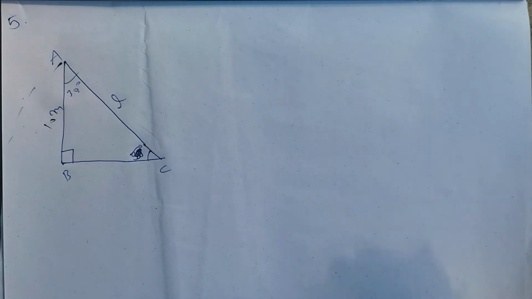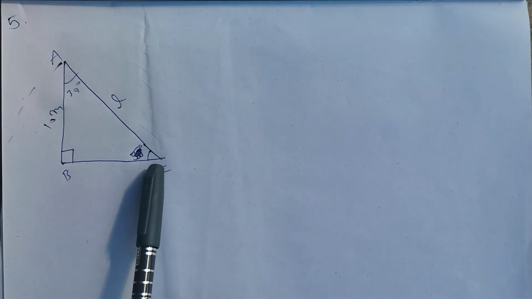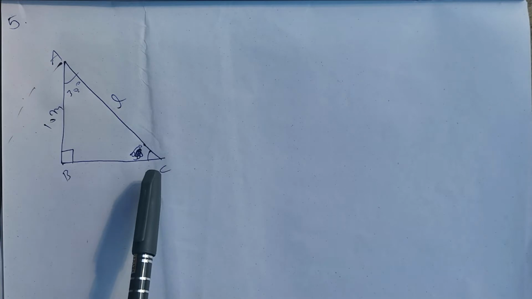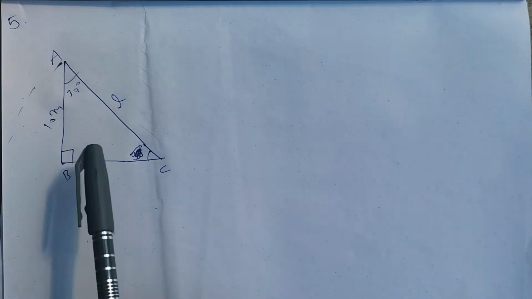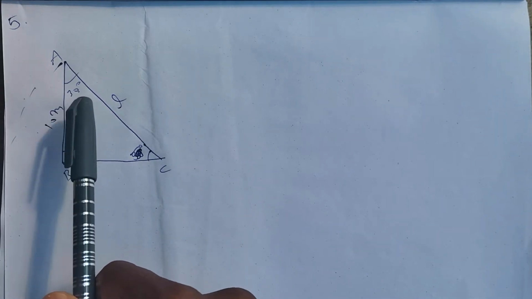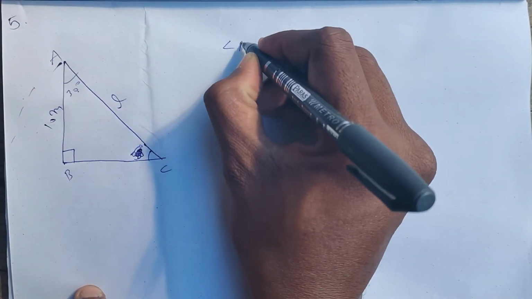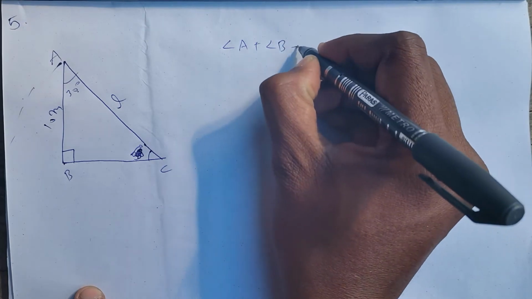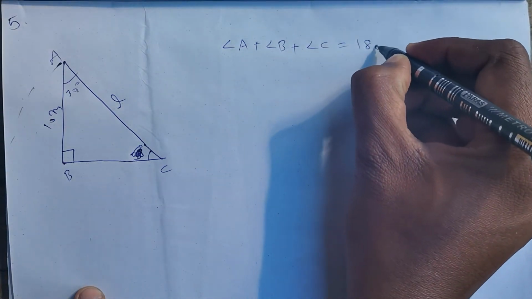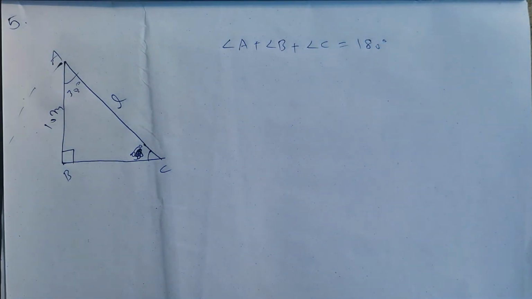And we know one logic, sum of all the angles in a triangle is 180 degrees. So this is necessary or else not necessary also. It is your wish to find or not find, no problem. Because some students will feel difficulty, that's why I am trying to write the angle here. Okay, so angle A plus angle B plus angle C is equal to 180 degrees, because sum of all the angles in a triangle is 180.